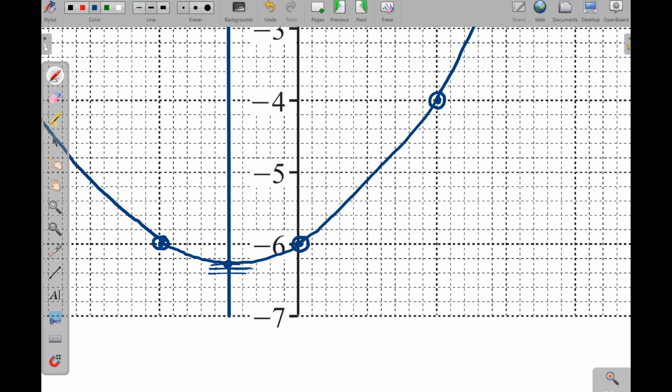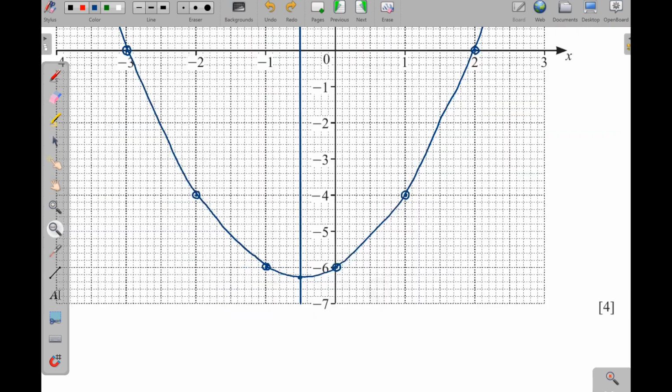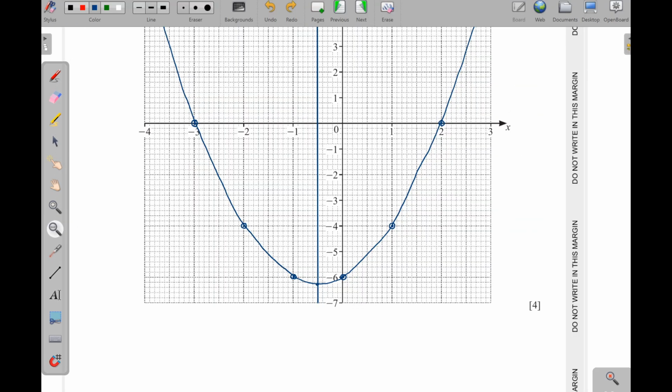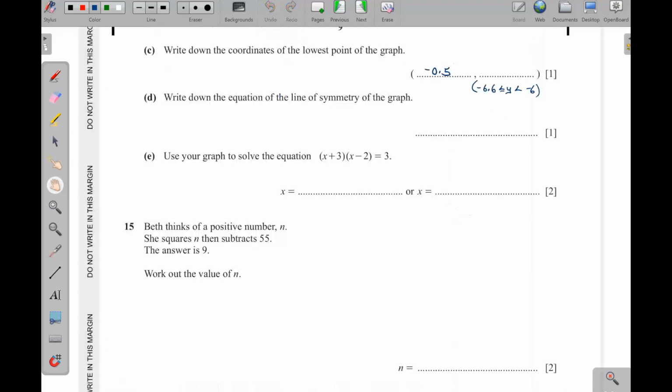Maybe this is -6.25, something like that. -6.2 something. So I'm going to write -6.25, and by the way, it's a negative. So your answer has to be falling within this range. So whichever value you're going to put here, if it is within this range and they check your graph and they see that indeed it estimates to that value you have put there, then they give you the mark.